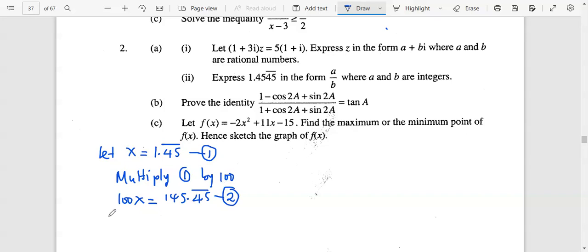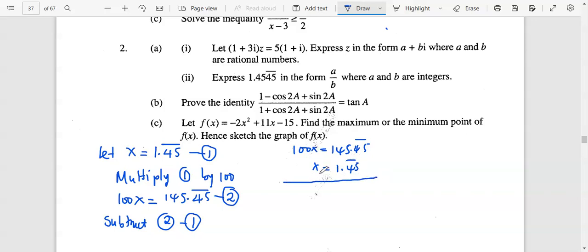And then from here, I'm going to subtract the two equations. So subtract 2 minus 1. Equation 2, I'll write here, 100x is equal to 145.45, and equation 1, x is equal to 1.45.